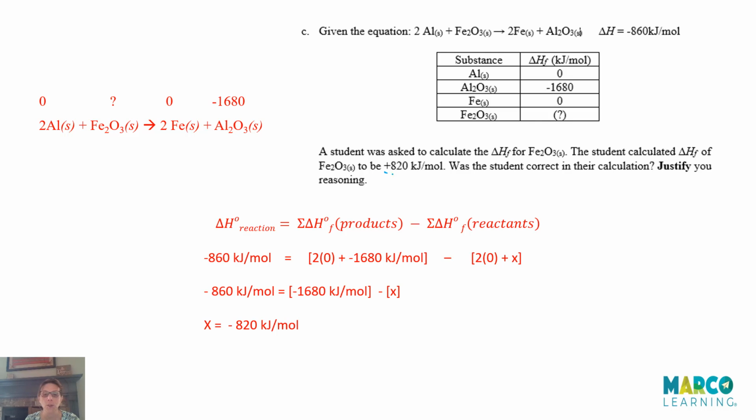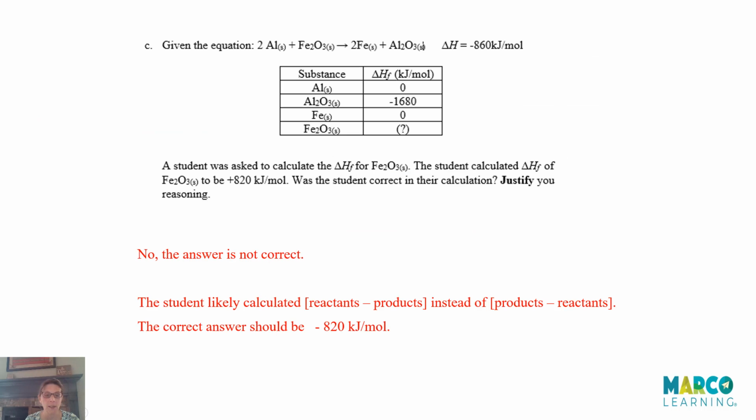We are told that the student came up with a number of positive 820. Was the student correct? No, the student is not correct. The student should have gotten negative 820. So probably what the student did was reactants minus products, which is not what you're supposed to do, instead of doing products minus reactants.